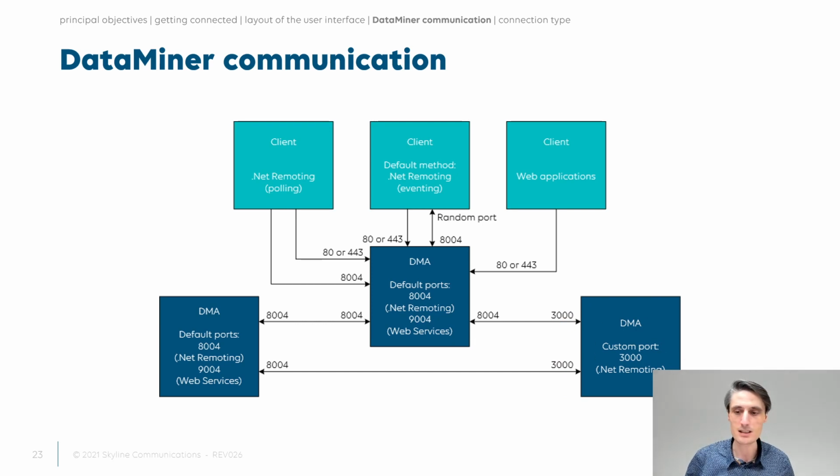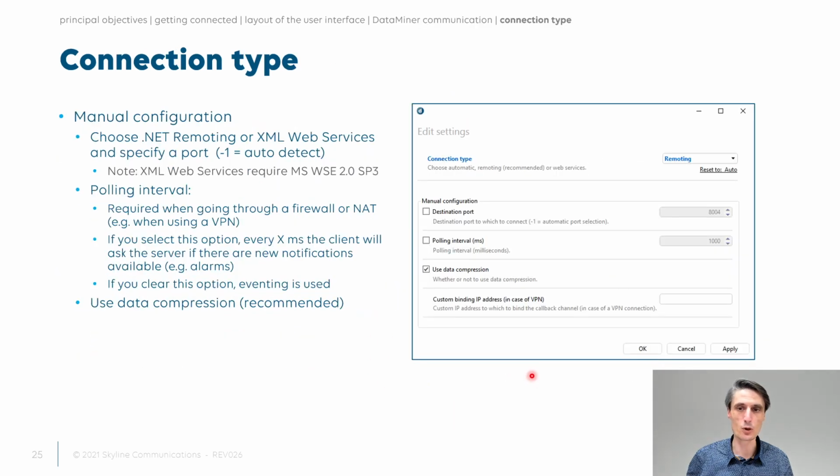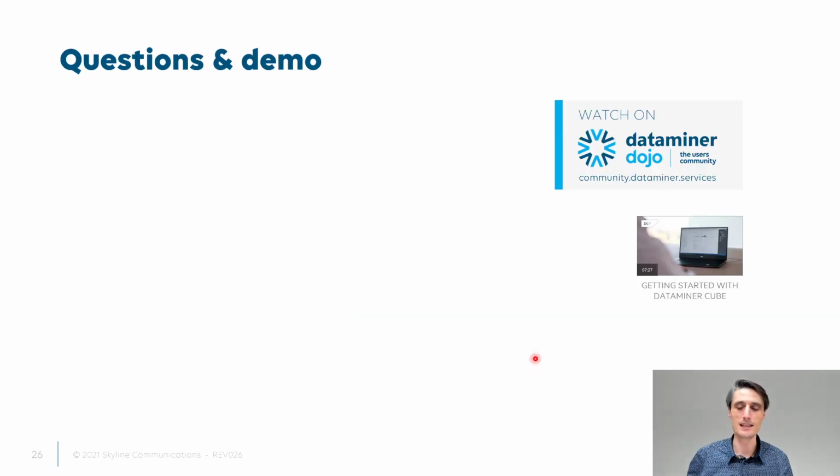You can reconfigure it and say that this one is using a different port. So there are possible ways of changing that. You can find some more help or instructions in the DataMiner help, or you can also, of course, reach out to us. So remember the polling, it should not get you that pop-up.